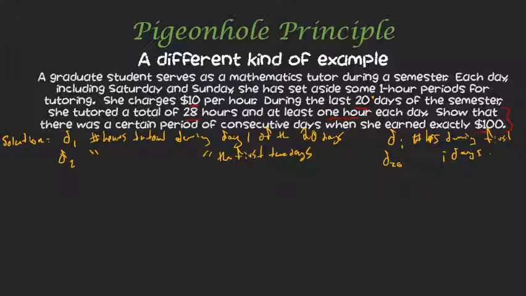So that's D sub 20, and we actually know what D sub 20 is, right? D sub 20 should be 28, because that's the number of hours she worked during these last 20 days. So my final running total is D sub 20.